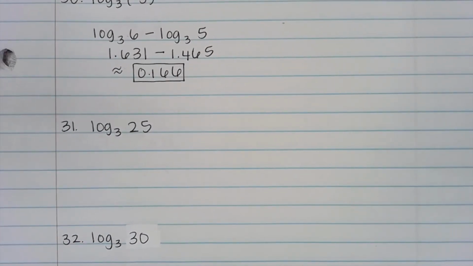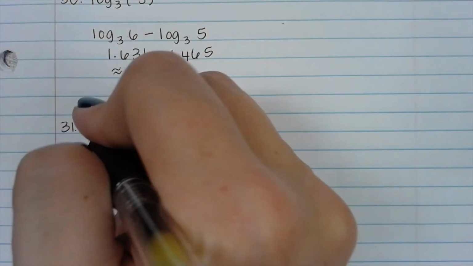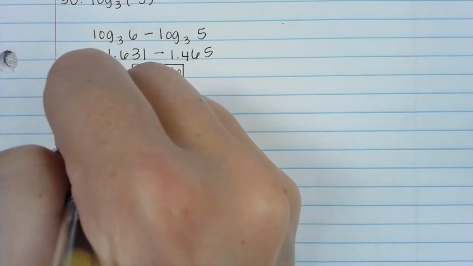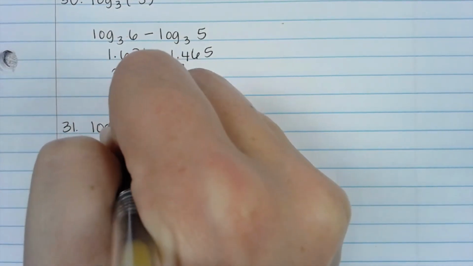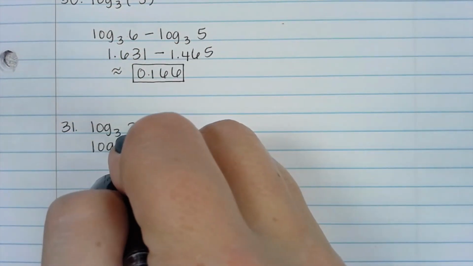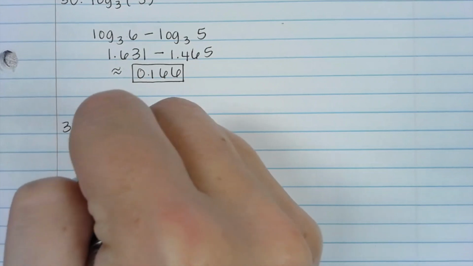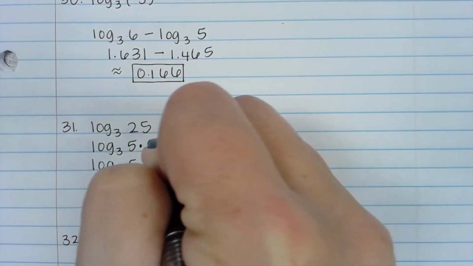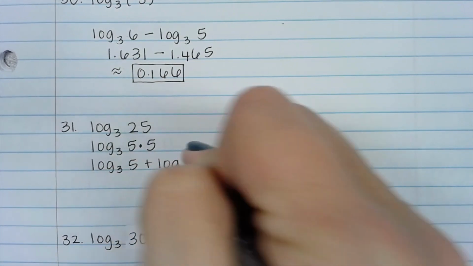On question 31, it says log base 3 of 25, which isn't one of the facts that you're given. Log base 3 of 25 could be rewritten, though, as log base 3 of 5 times 5. And then multiplication becomes addition. So log base 3 of 5 plus log base 3 of 5.